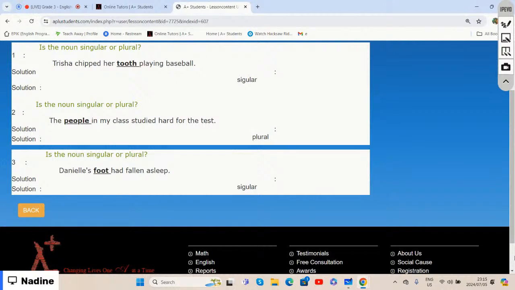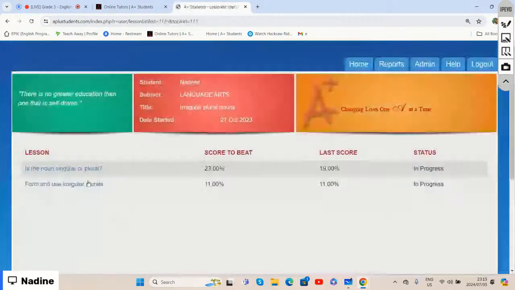And if we refer to it as irregular plural, then the word changes, it changes its form, like the wording also changes from it being singular to it changing to plural.